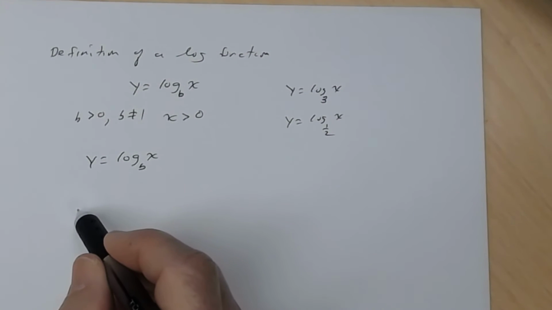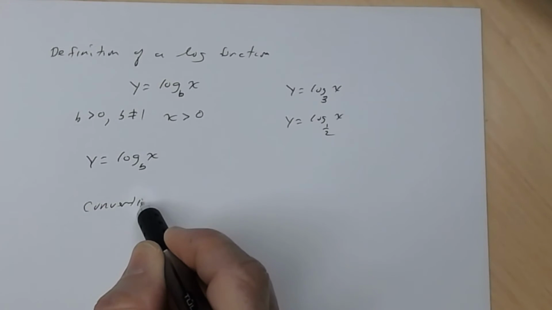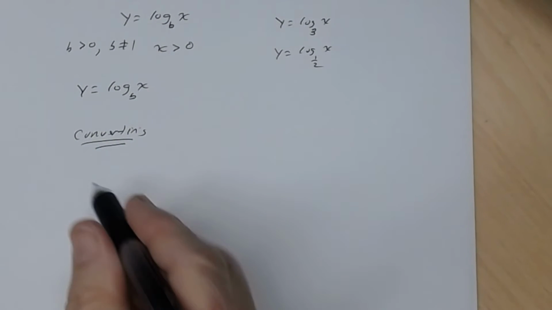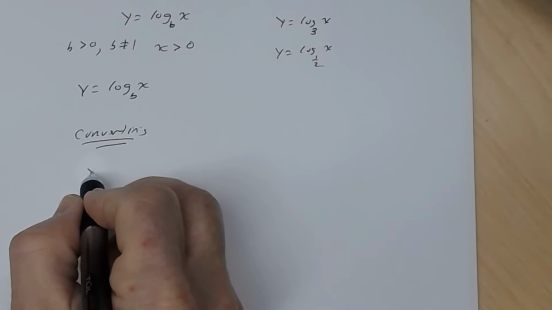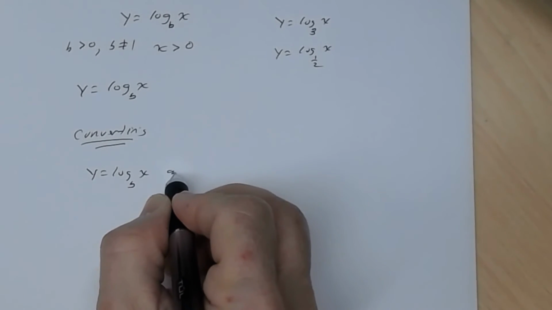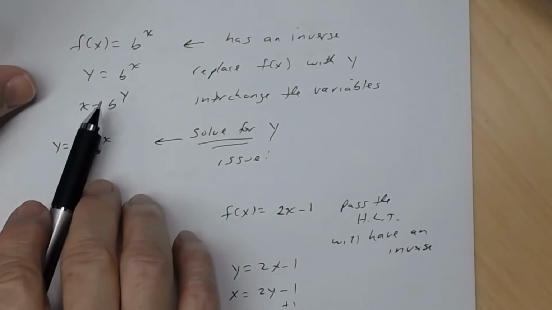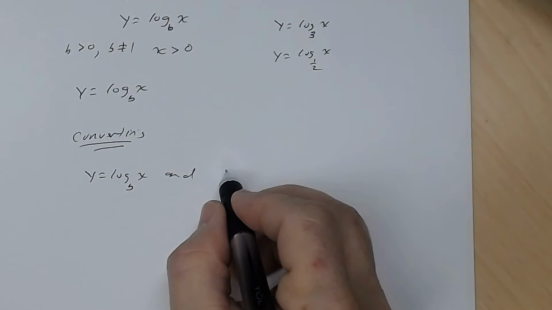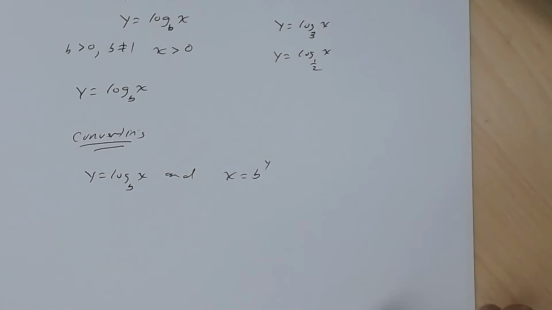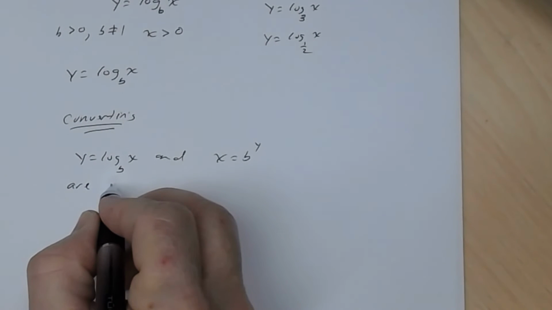Now let's talk about converting from one form to the other. Here's what you need to know. The equations y equals log of x base b and x equals b to the y are different ways of expressing the same thing.